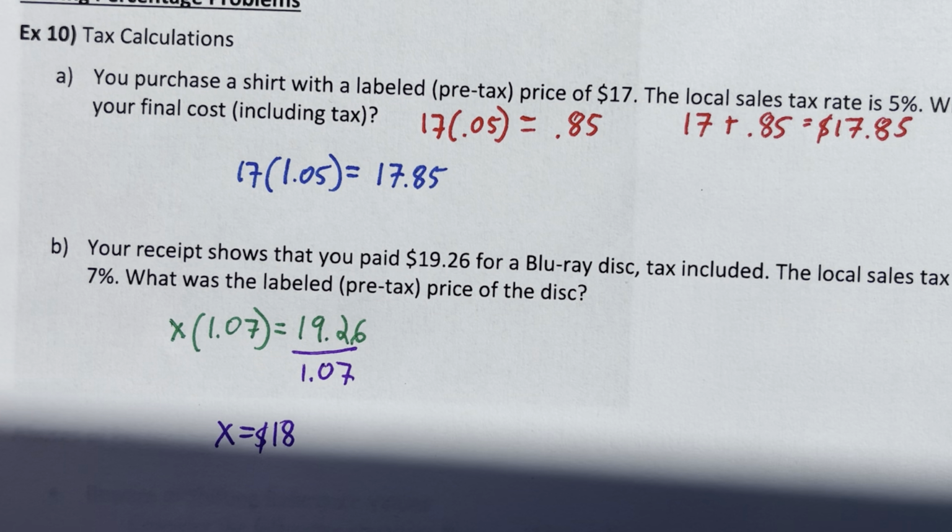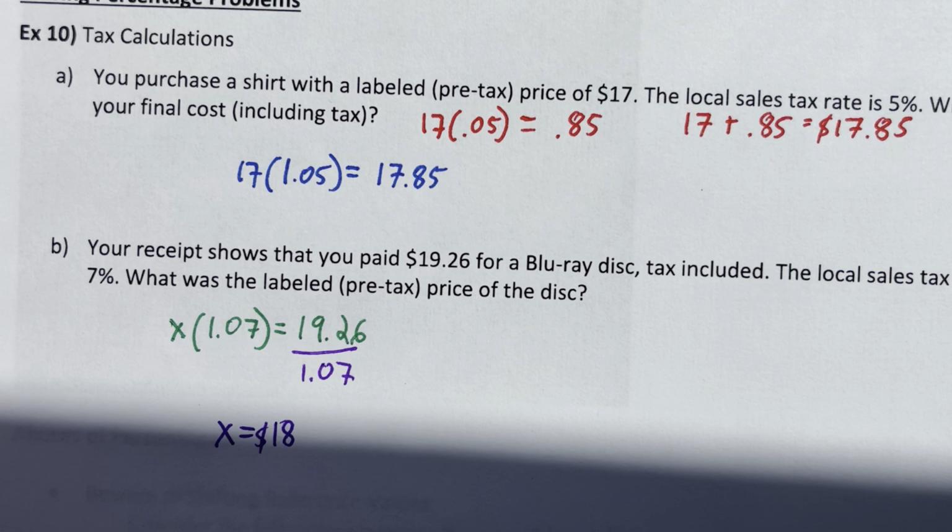All right, taxes, everybody's favorite thing. So taxes are almost always a percentage. It's a percentage of your total cost that you end up paying in taxes. So in this case, we have a shirt at $17. Local tax rate is 5%.